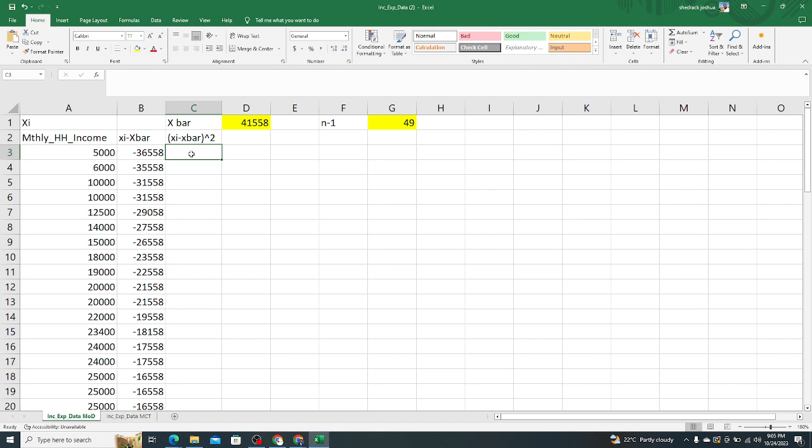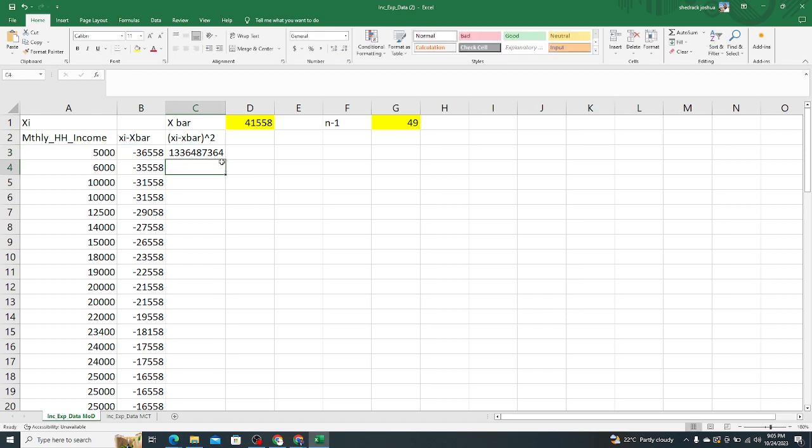Okay, then we have the xi's minus the x bar. Now we need the xi's minus the x bars squared. So basically, we'll square this value. Okay, so that is xi's minus x bar raised to 2, or we are squaring that value.